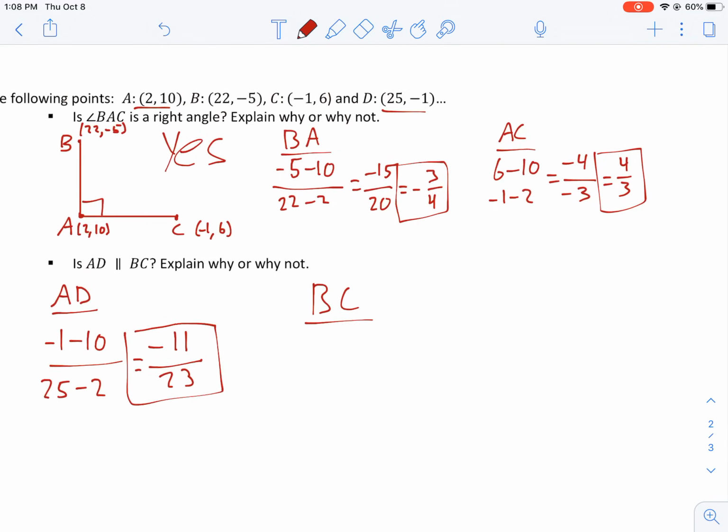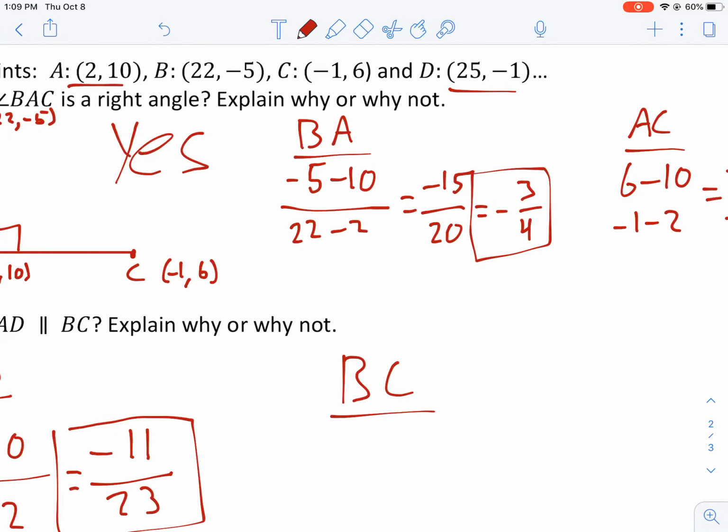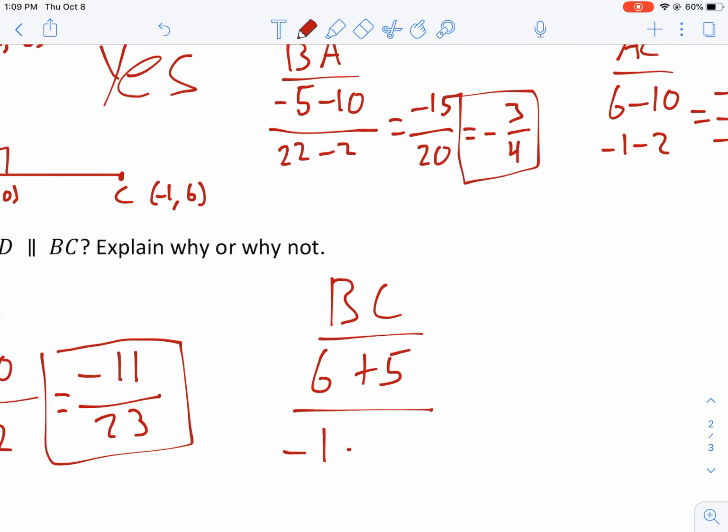BC, we want to find that slope. So we can do 6 minus negative 5, which we know is 6 plus 5, so I'm just going to change that. Then on bottom we have negative 1 minus 22, and this actually looks like it is going to be parallel. 6 plus 5, that's 11.